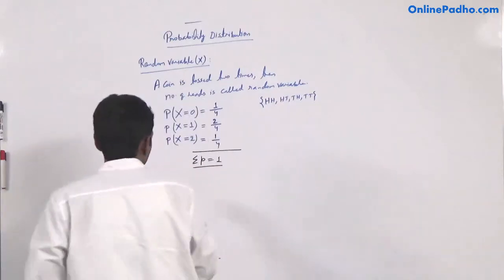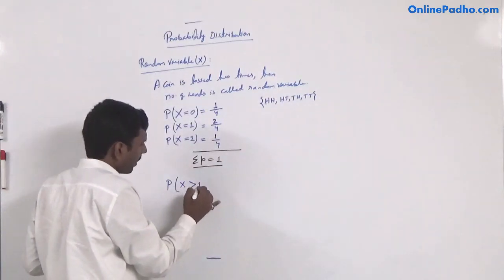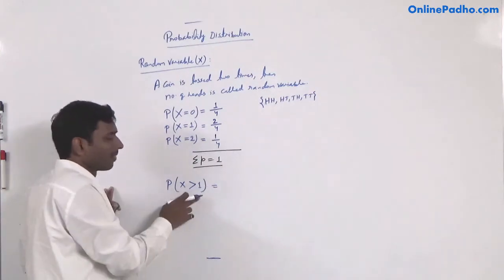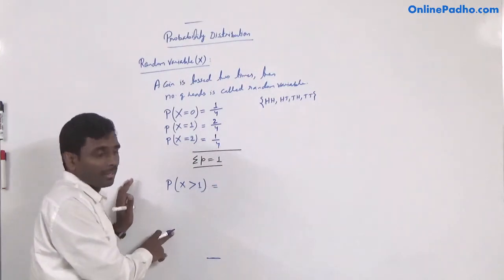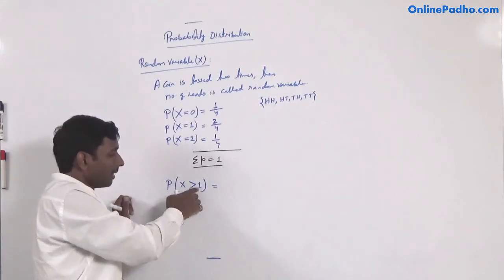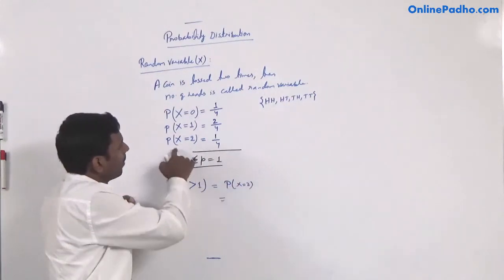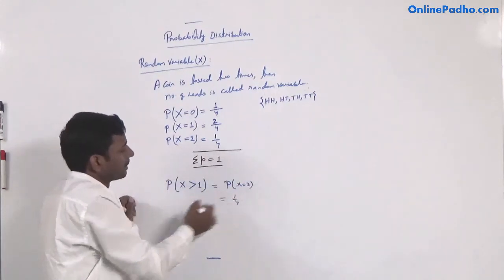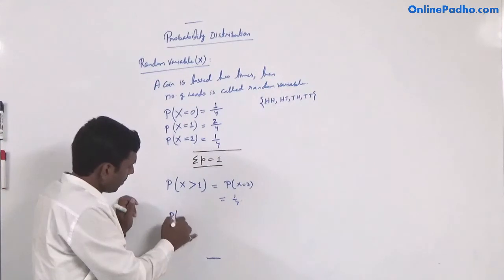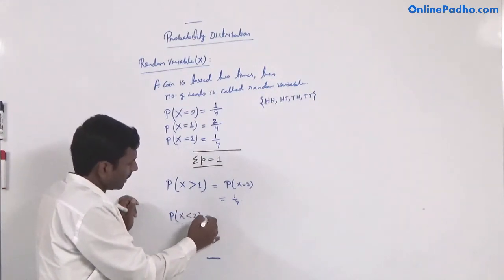Now in this question, if we have to find the probability of x greater than 1, how can we find this? The random variable x is the number of heads, greater than 1. This equals the probability of x equal to 2, which is 1 by 4. If we have the probability of x less than 2, how can we find this?